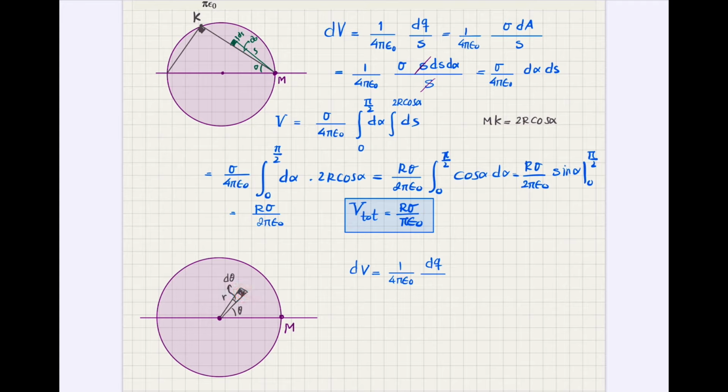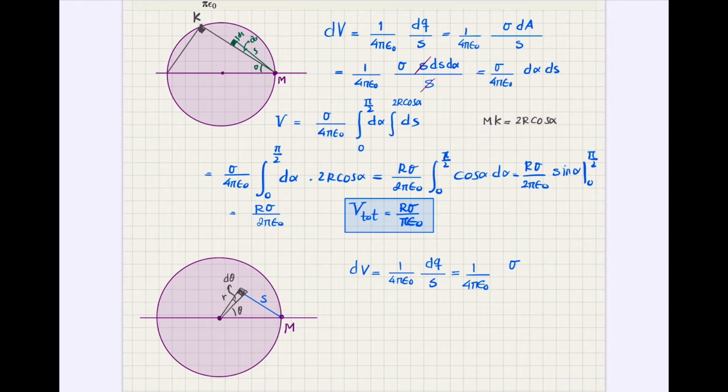So let me draw this line from here to here, and let me call this one S, and now I have to divide it by S. But in this case, this can be written as 1 over 4 pi epsilon 0. Instead of dq, I will write sigma times the area.